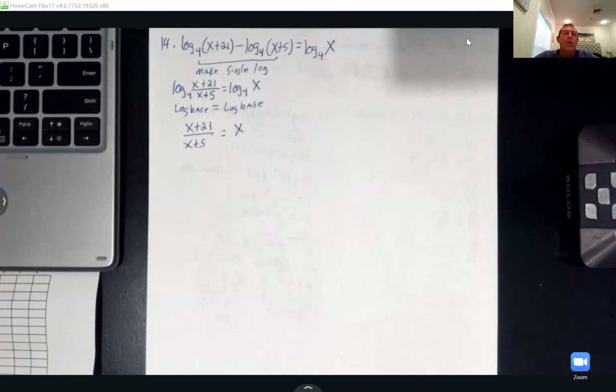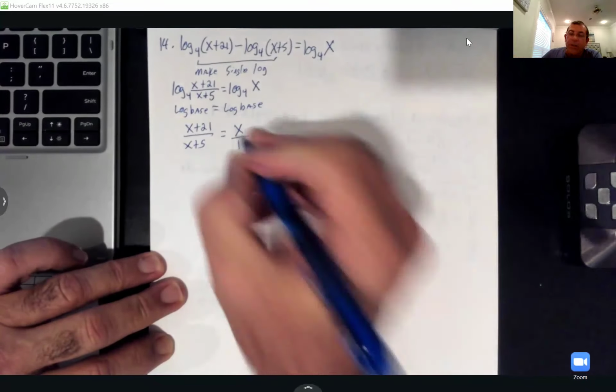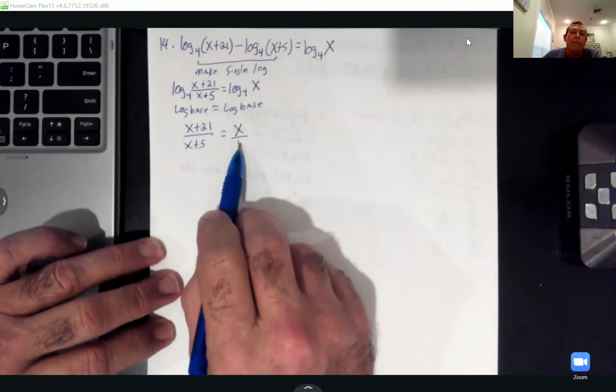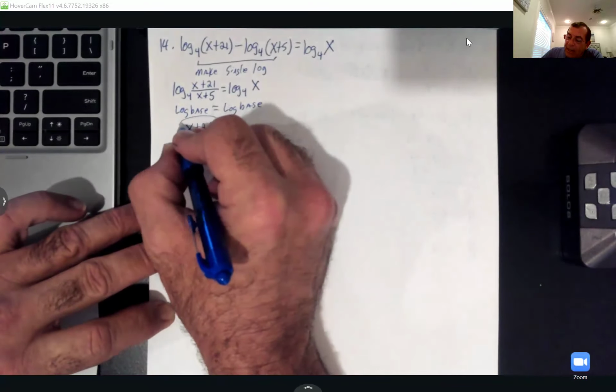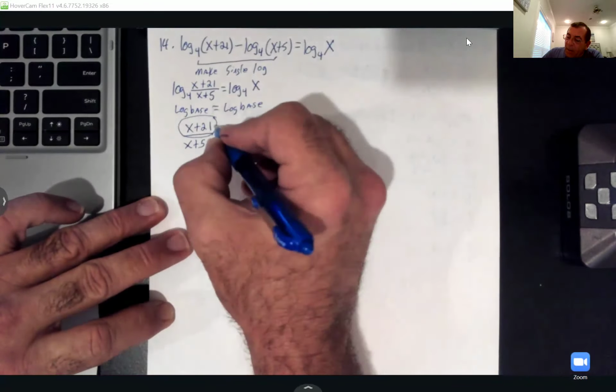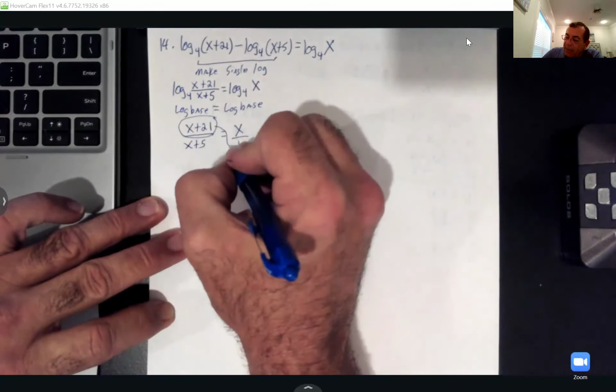All right, y'all. So this is sort of what the support was showing you. I'm going to make the x look like a fraction by putting a 1 on it. But to solve this kind of equation, you cross multiply this top times that bottom. Well, x plus 21 times 1 is x plus 21.